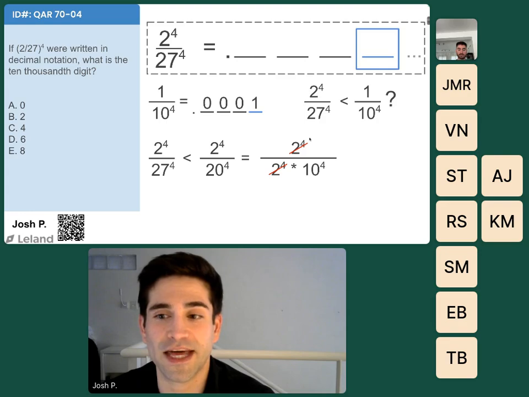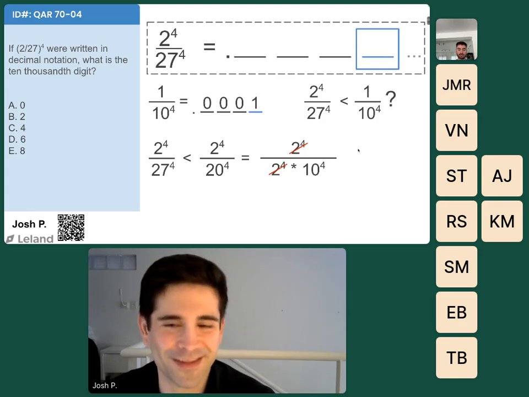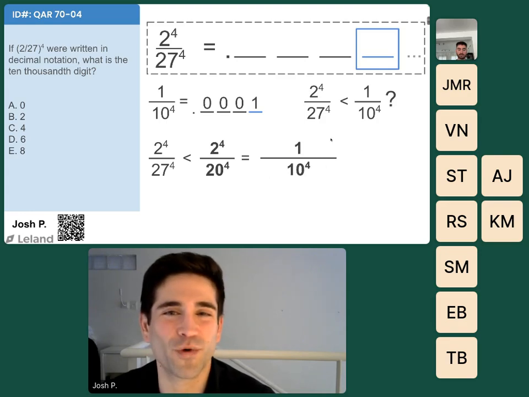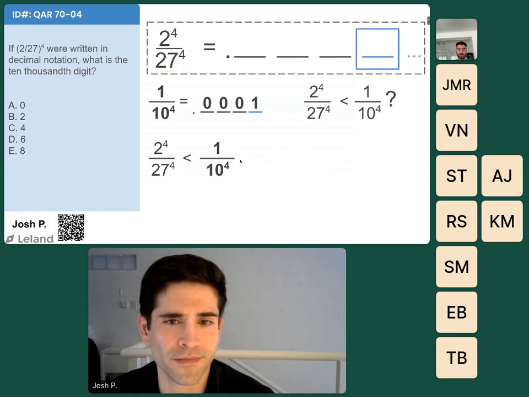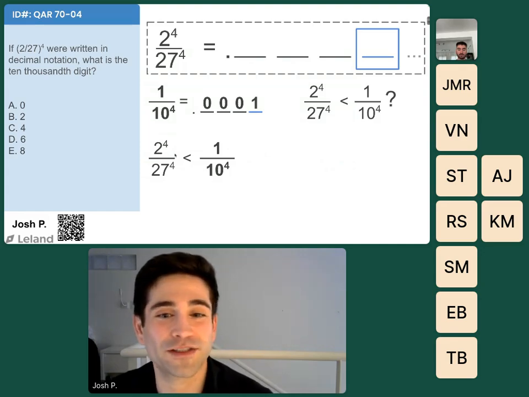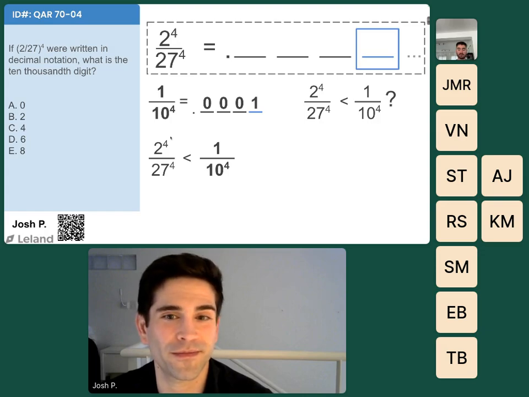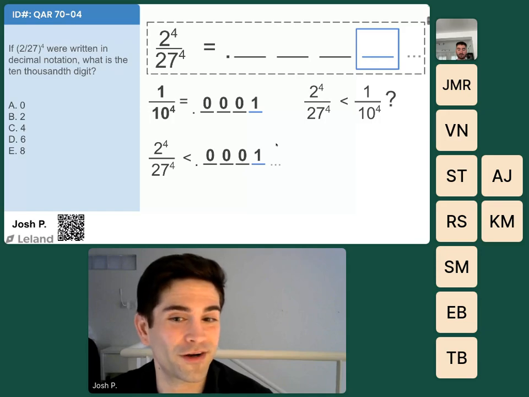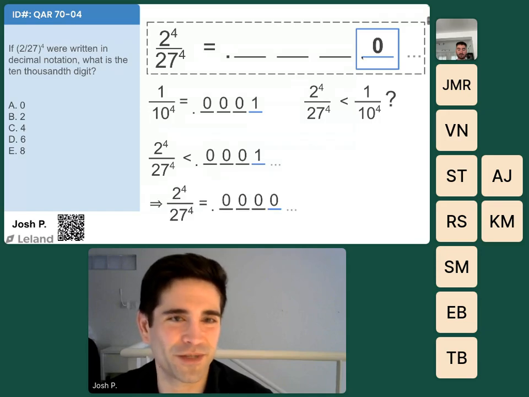We can cancel that out, right? And what we see is 1 over 10^4. So 2^4 over 20^4 is equal to 1 over 10^4. And therefore, we know that 2^4 over 27^4 is less than 1 over 10^4. Therefore, the digit will be 0.